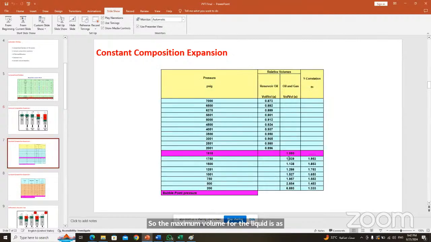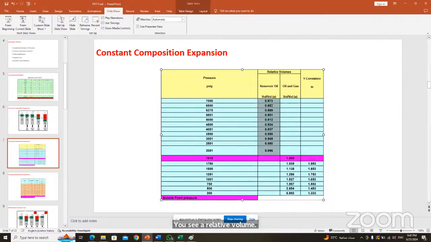You see here the relative volume. It starts at a value less than one, then the volume increases until we reach the maximum value at the bubble point.